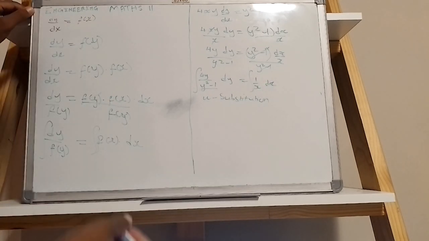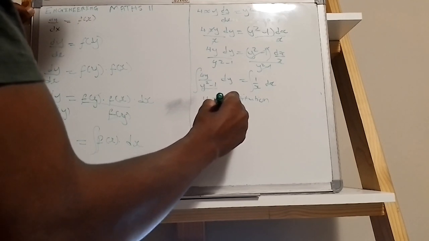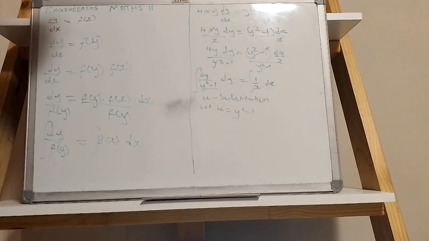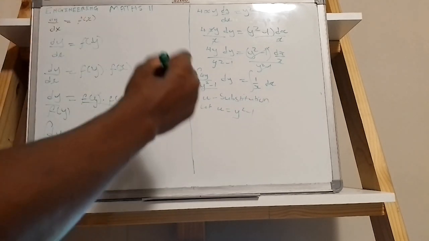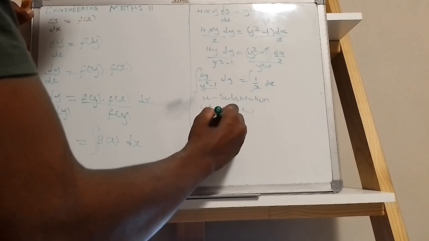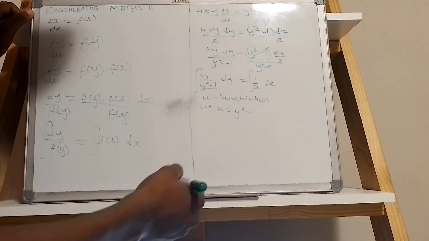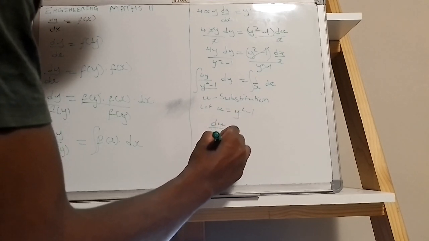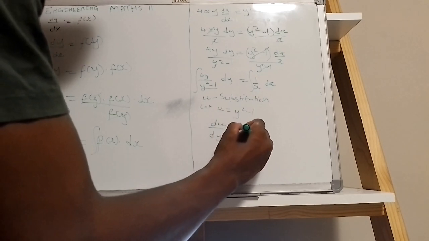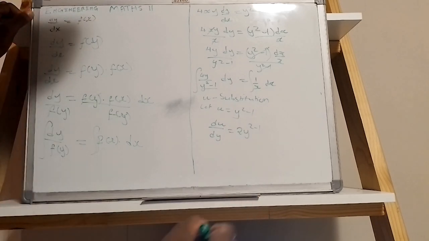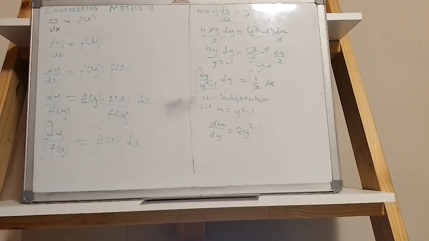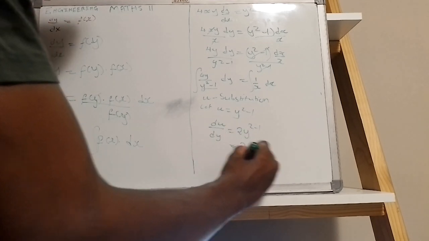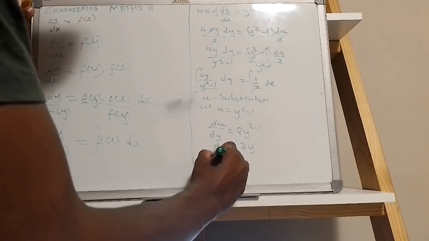Let u be y squared minus 1. I need to differentiate this, so I'll have du over dy is equal to 2y, because when I differentiate a constant, I always get 0. This is my du over dy.